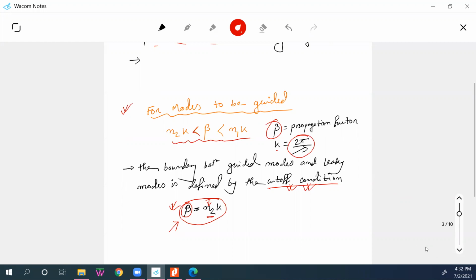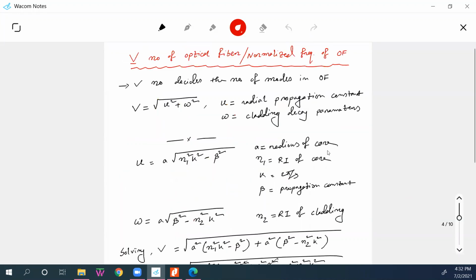Now from this cutoff condition, we had to find a value called the V parameter, which is called the normalized frequency of the optical fiber.